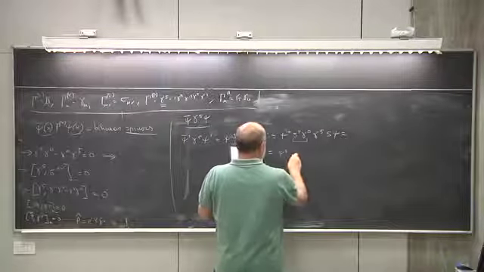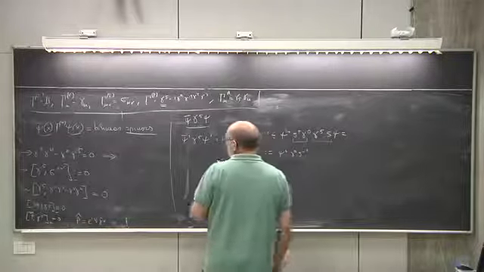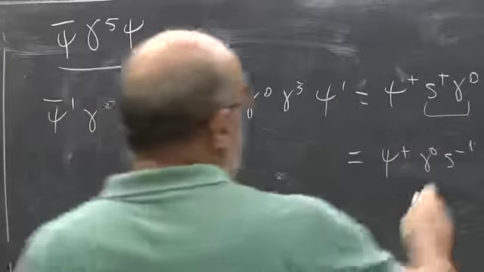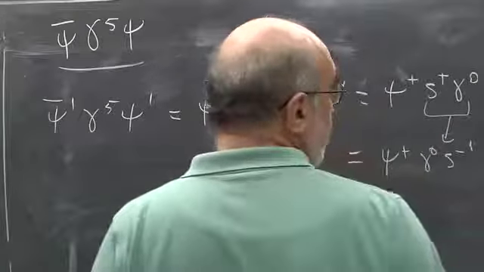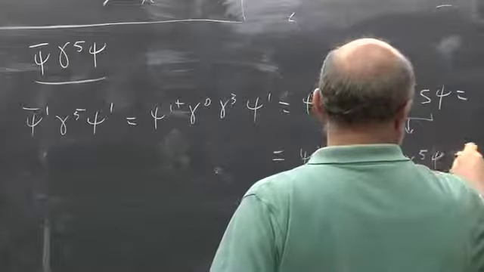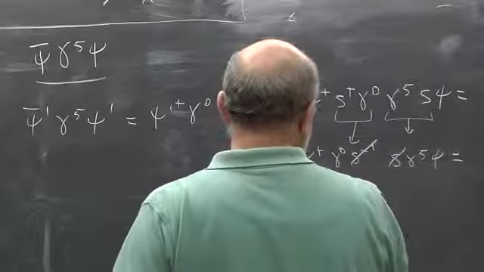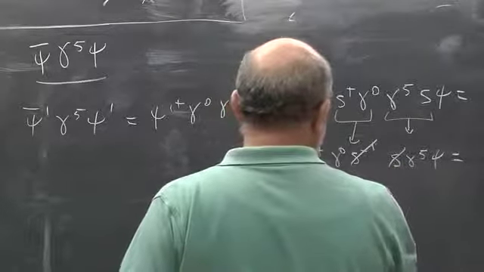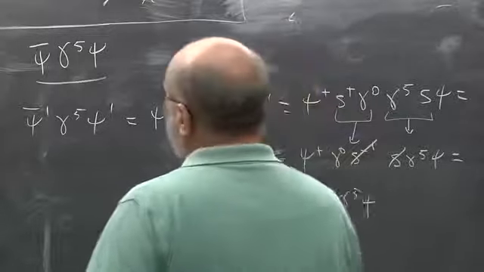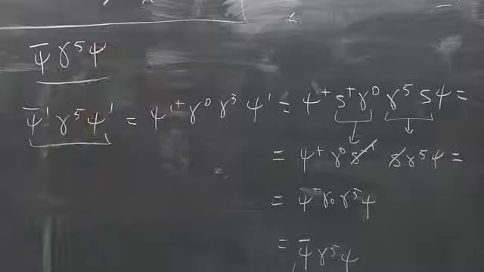I have psi dag gamma 0 S to the minus 1, and let's remember that gamma 5 and S commute. So here I have used the relation that I had before, and here I use the fact that gamma 5 and S commute. So what I get is that these two cancel. I have psi dag gamma 0 gamma 5 psi, and this is psi bar gamma 5 psi. So this also seems to be a scalar under Lorentz transformation.